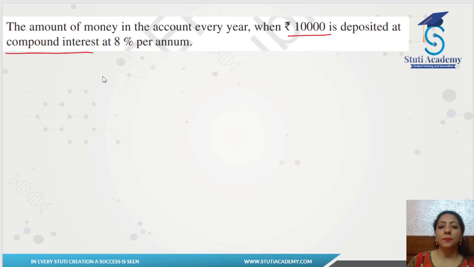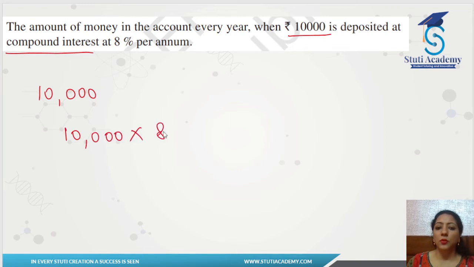So we have 10,000 rupees right in the beginning. At the end of the first year, when we'll be receiving 8% interest, we'll be getting how much? How much is 8% of 10,000? We're going to get here 800 rupees.